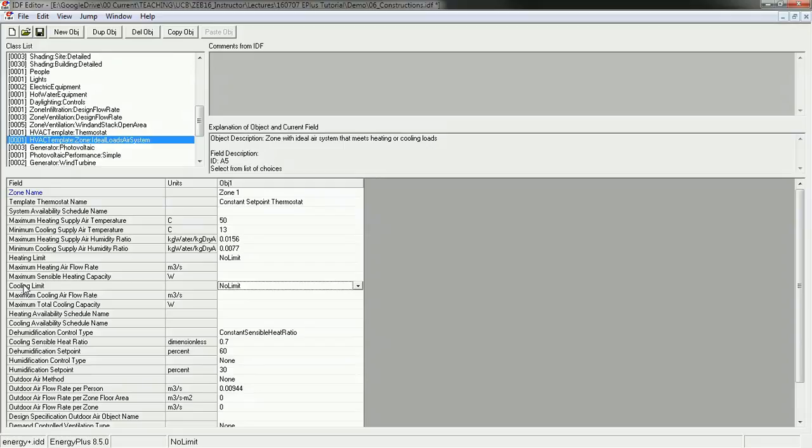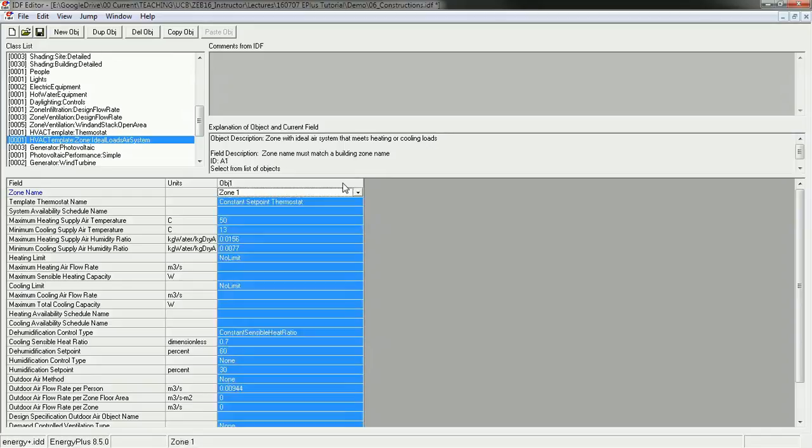So it's going to be important to take a look at that after we're done running the simulation in order to account for the actual heating and cooling system efficiency, because the simulation is going to assume it's 100% efficient.